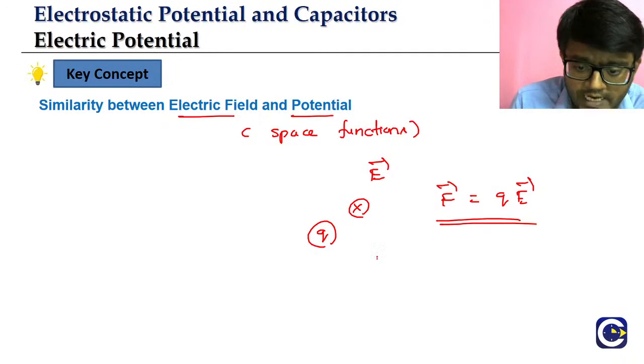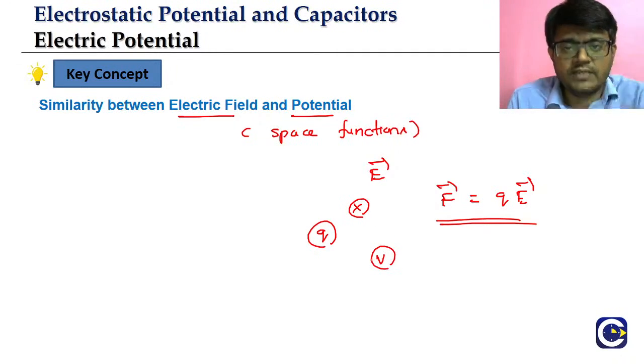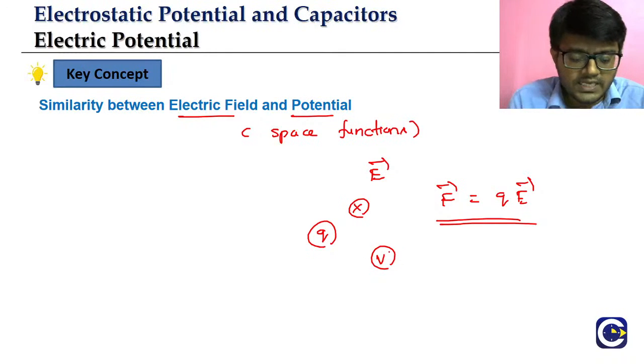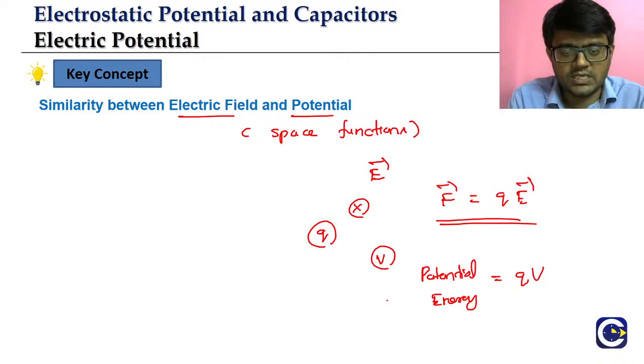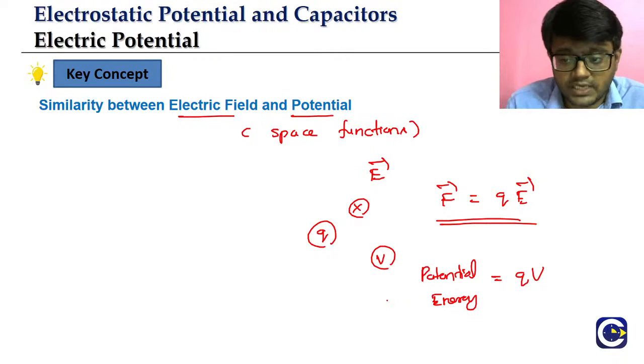And if you look at the electric potential V at the location, the interaction between the charge and the potential, Q times V, gives us what? Potential energy. So the potential energy of the charge at the location is equal to the charge multiplied by the electric potential at the location.